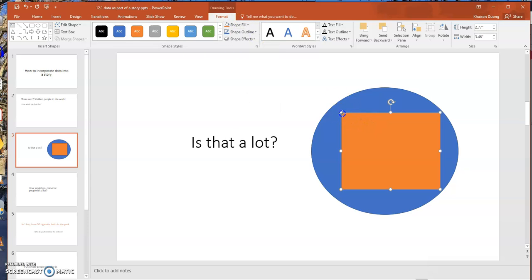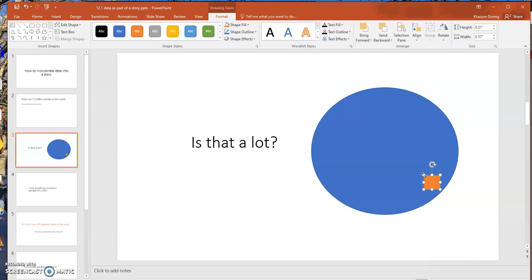If you made it like that, and you said that square represented 7.5 billion people, it would seem, okay, it's taking up the entire Earth. But if you actually made that and you said that's 7.5 million people, it would seem like, okay, the Earth's not crowded at all, right? There's a lot of space. So that's what I mean by context, okay?